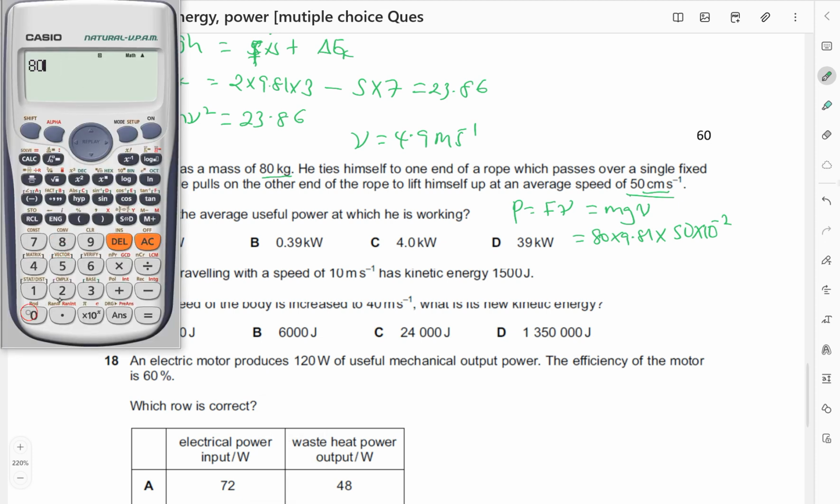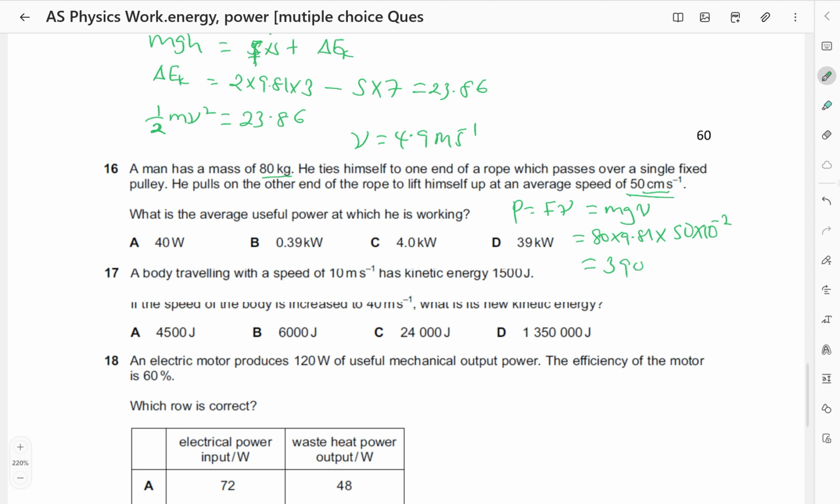So this is 80 times 9.81 times 50 exponent negative 2, which gives me 392, or approximately 390 watts. In kilowatts, I divide by 1000, 0.39 kilowatts. So the answer is going to be B.